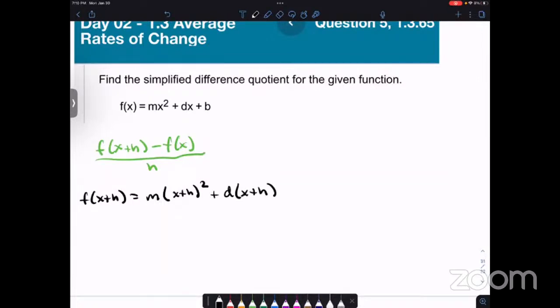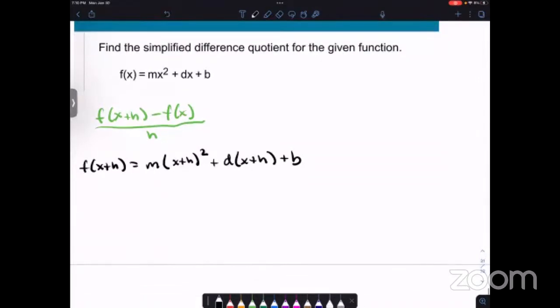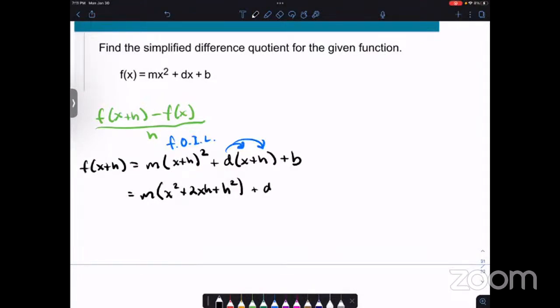If we expand, it's going to be m times x squared plus 2xh plus h squared. That comes from FOIL. Distributing here, we get dx plus dh plus b.